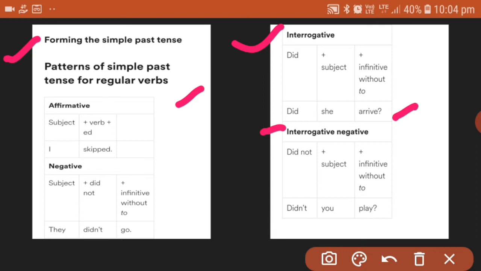It means didn't plus subject plus first form of verb plus object plus sign of interrogation. Students, keep in your mind, it's a fact: when do, does, did, these three are used as helping verbs, then we have to place the first form of verb as the main verb.